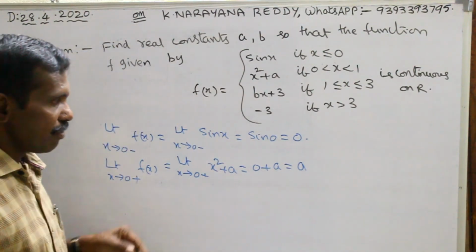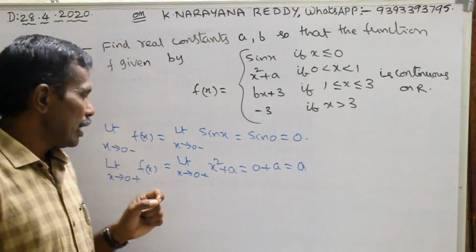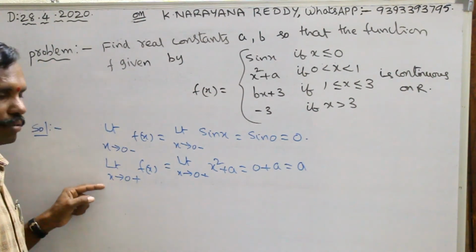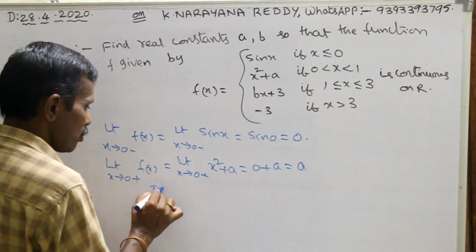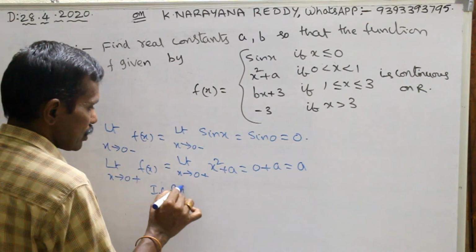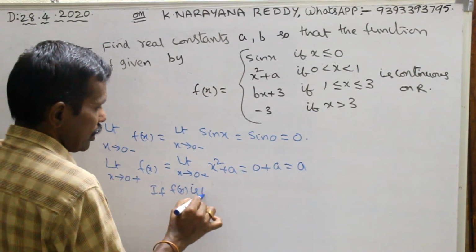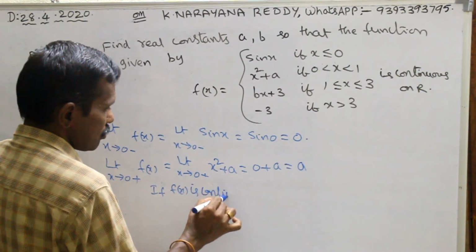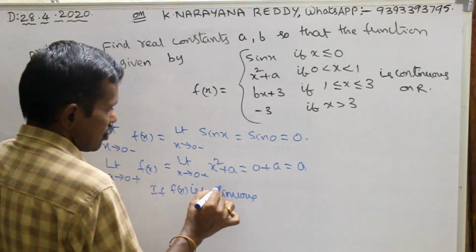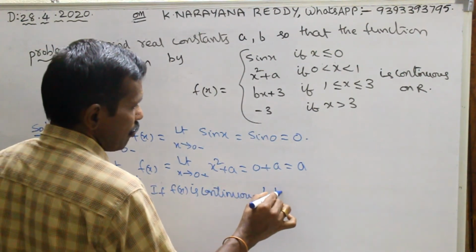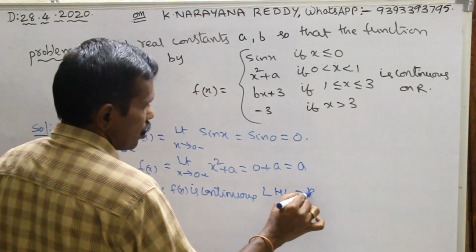One rule is there. If f of x is continuous, left hand limit equals right hand limit.